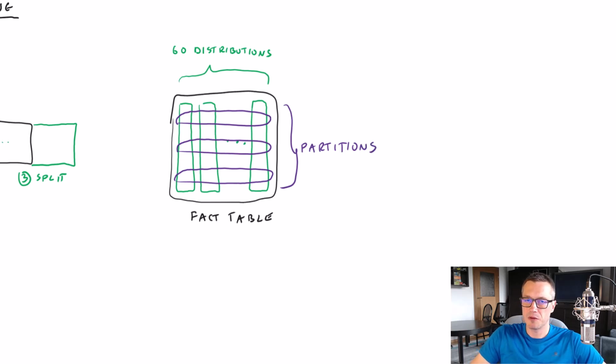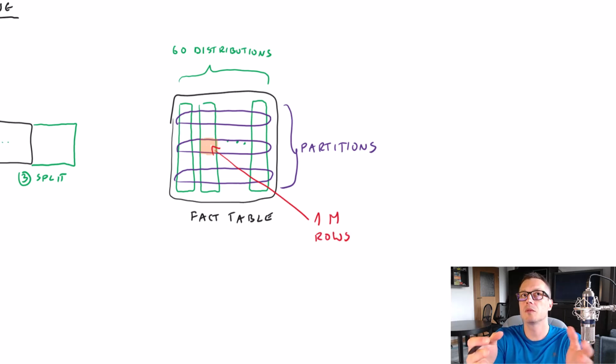And now the guideline from Microsoft is like this: the part that I just highlighted, that is a combination of partition per distribution, to benefit from our columnstore index, has to have at least 1 million rows. So this part here, 1 million rows, to benefit from the columnstore index, to compress it, to close the row groups, or however it is called.